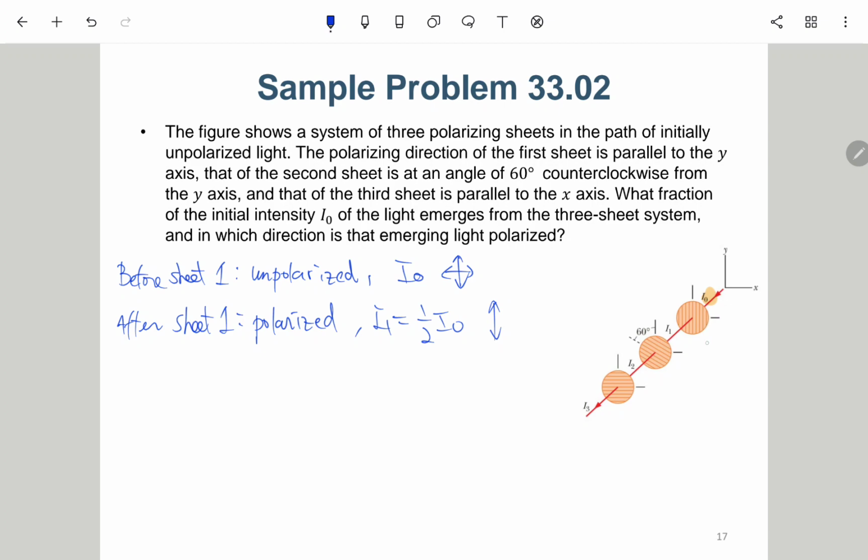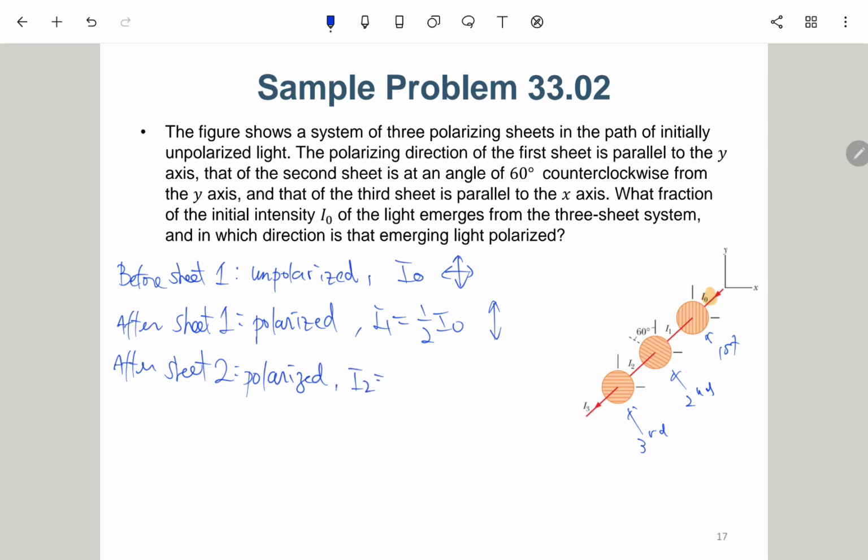Here we have the first one, the second one, and then we still have a third one. After sheet number 2, this one is not vertical. This one is 60 degrees counterclockwise to the y-axis. So the output wave going through the second one, which is I2, is also polarized.